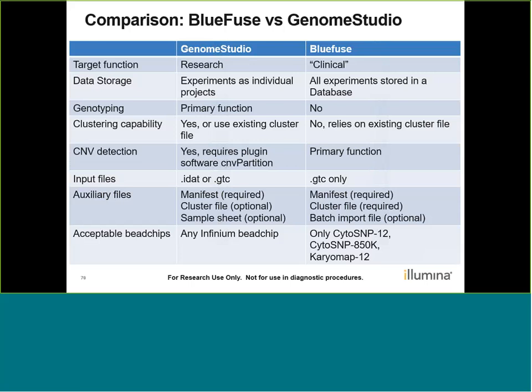You can use the BlueFuse version of a sample sheet, called the batch import file, as an option in BlueFuse. Genome Studio data can be created for any Infinium BeadChip, but only certain BeadChips can be imported into BlueFuse, and those are CytoSNP12, CytoSNP850, and CarrierMap12.